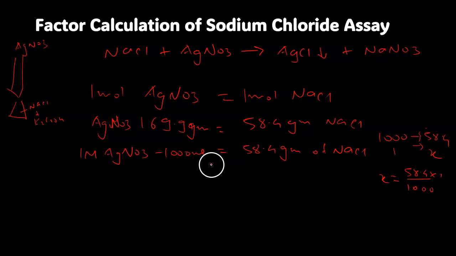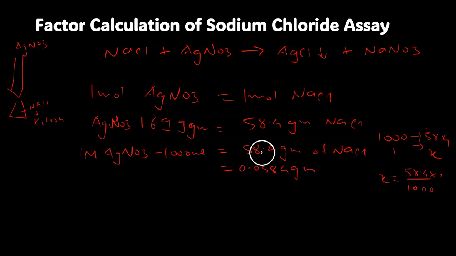So the answer for this you can directly calculate also. See, there are 3 zeros. So take this decimal on this side by 3 places. So 0.0584 gram.